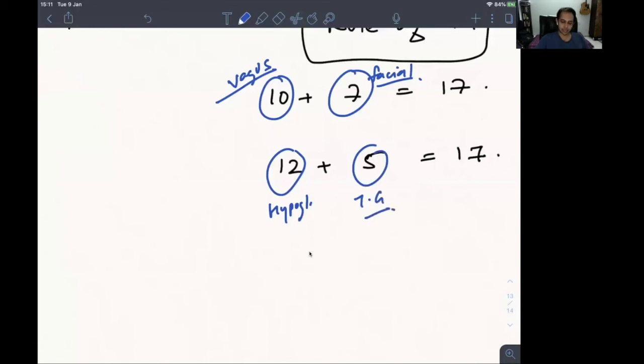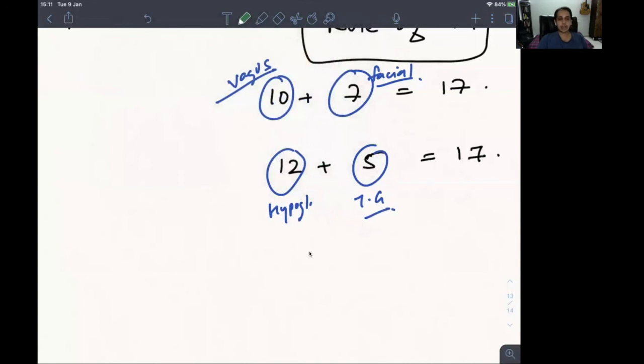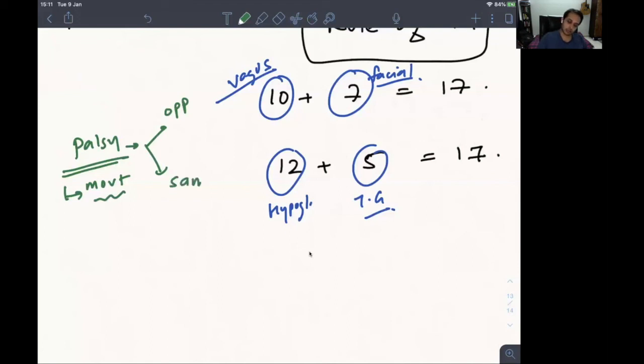And what they say is that if there is a weakness or a palsy, then in all four of these nerve palsies, there will be some movement of the affected muscle, or the affected part of the face. In facial and vagus, that movement will be towards the opposite side, and in hypoglossal and trigeminal, it will be towards the same side.